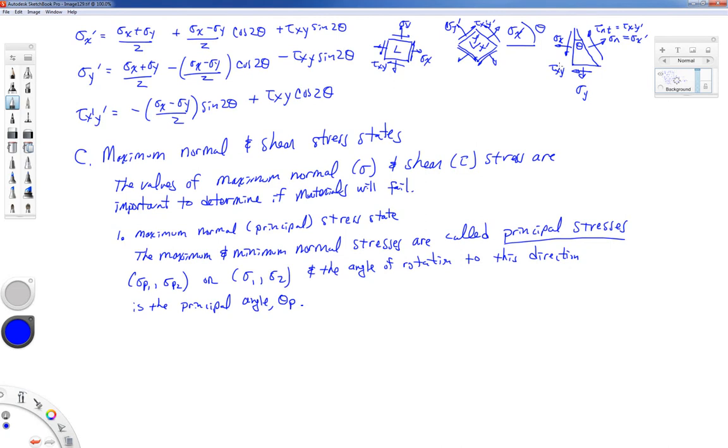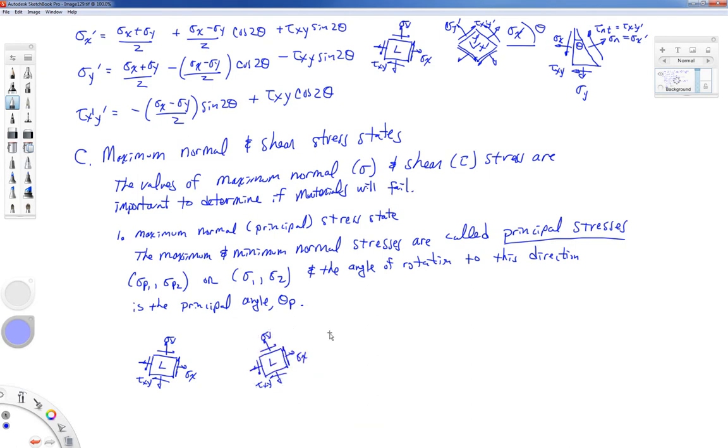So again, imagine that we're taking this stress state right here and we're rotating it to some special angle where, as we do this rotation, the sigmas become maximum.